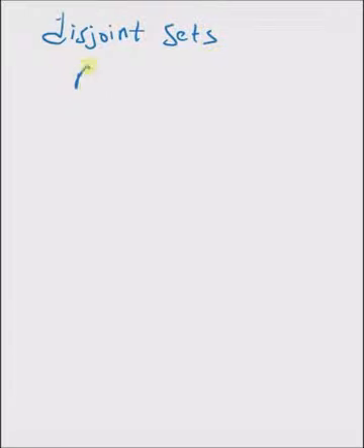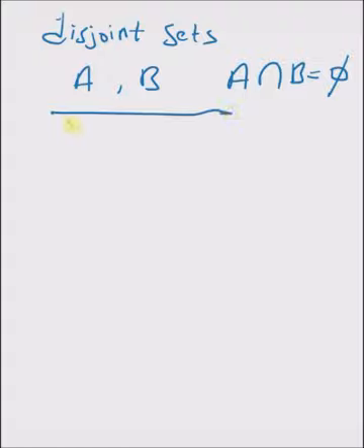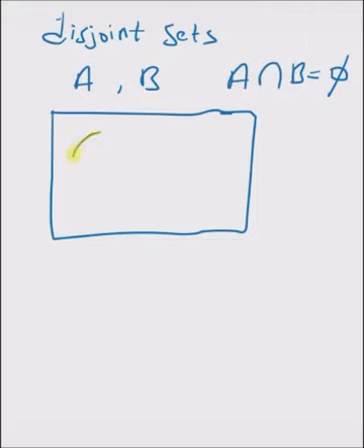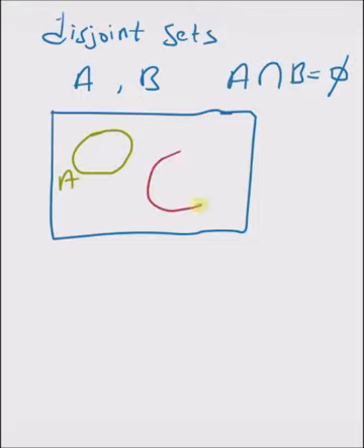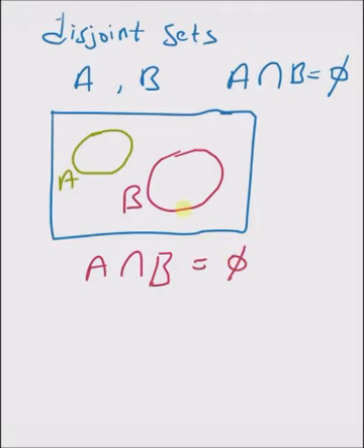Two sets A and B are said to be disjoint if A intersection B is an empty set. Graphically, this is A and this is B, then obviously A intersection B is nothing, that is an empty set, because there is nothing common between these two regions.